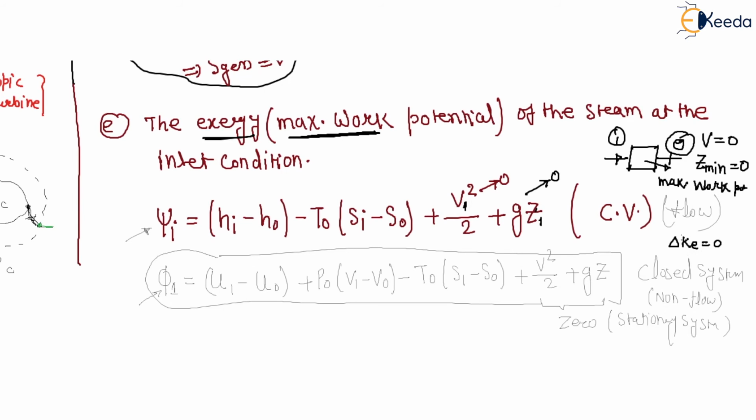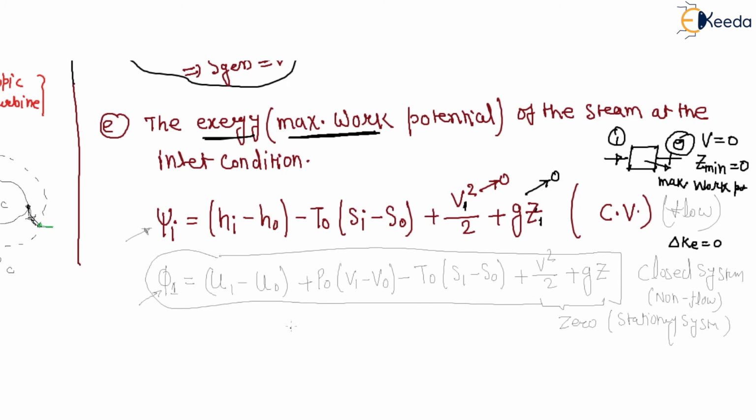That means V1 squared by 2 equals V0 squared by 2, and V0 squared by 2 is 0. So V1 squared by 2 is 0. Also g(Z1 minus Z0) is equal to 0. Why? Because the change in potential is 0. So Z1 is equal to Z0 and Z0 is equal to 0. So this is also 0.